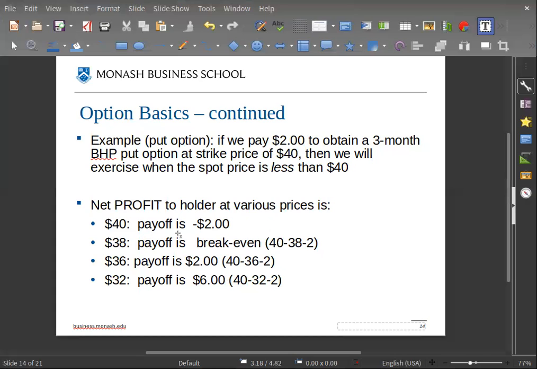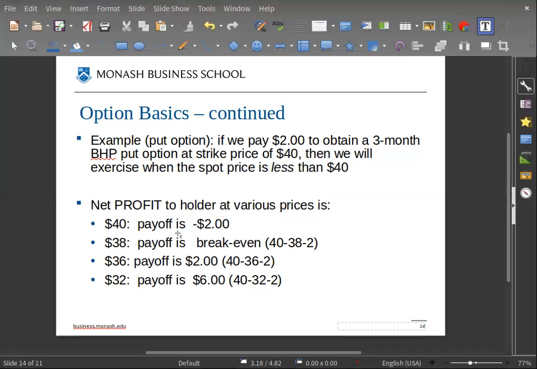In 3 months from now, if the market price remains at 40, our payoff is going to be negative $2 because the price did not change and the premium is our loss. If the price goes anywhere above 40, there is no reason for us to exercise. Why? I can go to the market and sell it for 40. Why should I sell it at a lower price to my option seller?